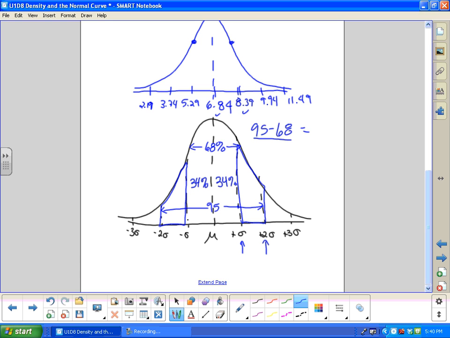Since it's symmetric, these two pieces have the same area, so you can divide this in half, and this gives you the area of one piece, which is going to be 13.5%.